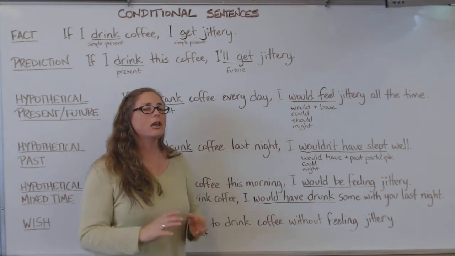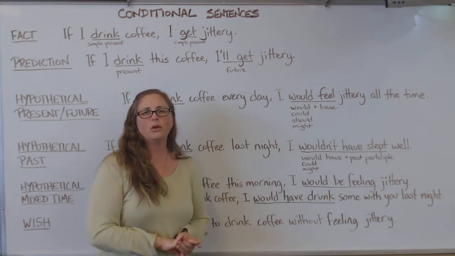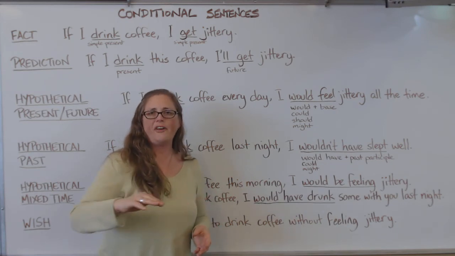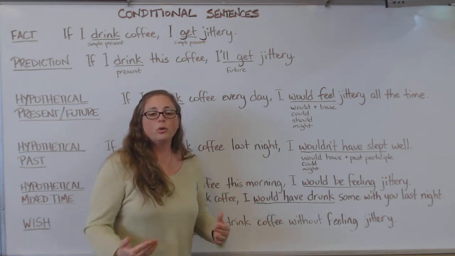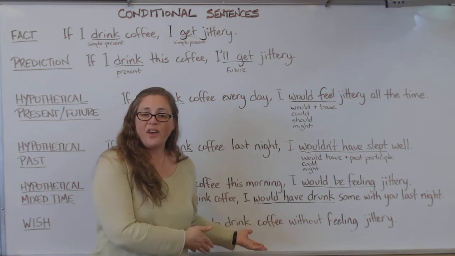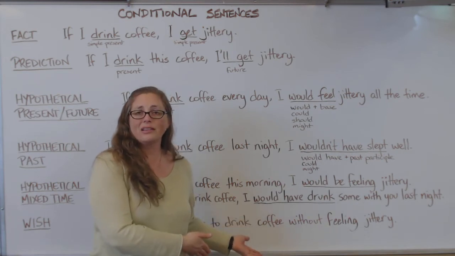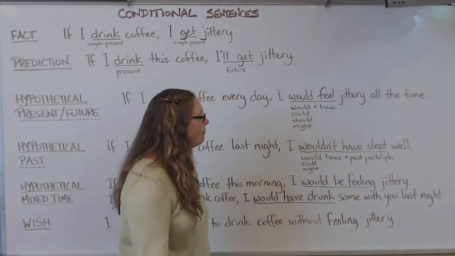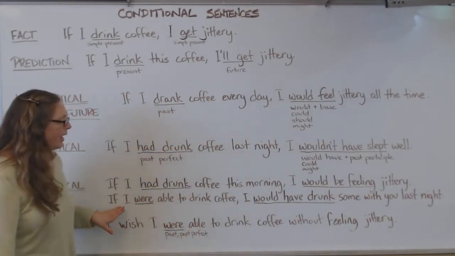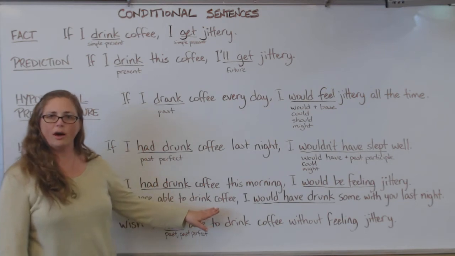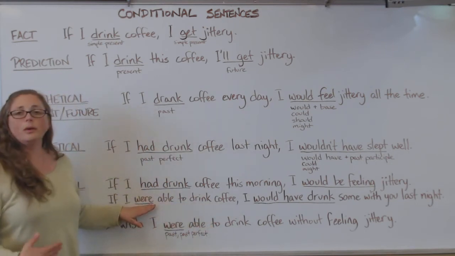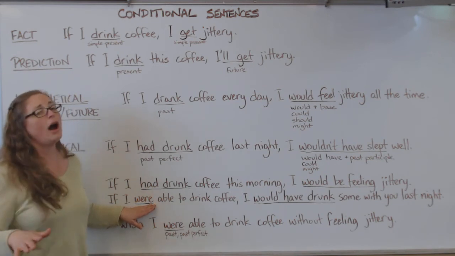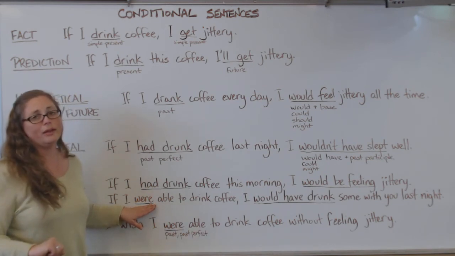Actually, it is. If you are thinking that you use the present time to talk about a fact, you could still be talking about this fact in the past, and then the past result of that. So here, if I were able to drink coffee, normally we would use the simple present. I am able, I am not able to drink coffee.